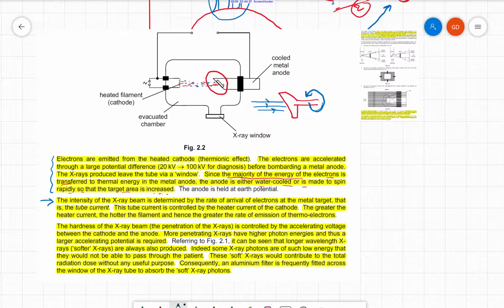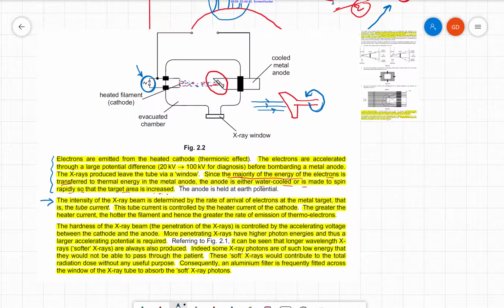Actually, this number is controlled by the heating voltage, or the filament voltage. So this is where I control the number of electrons emitted by the cathode, and therefore this will affect the intensity of the X-ray emitted.